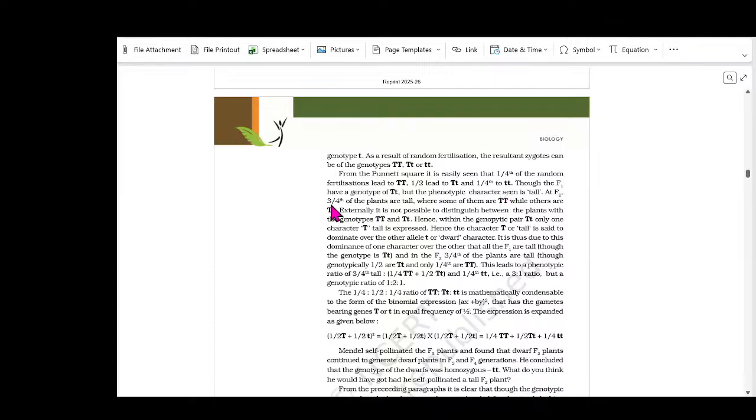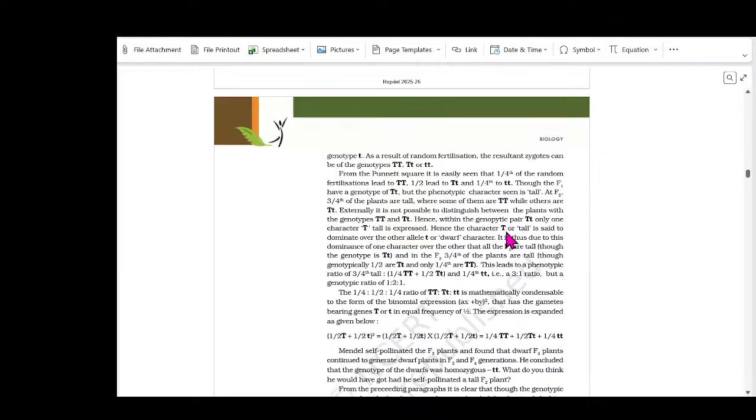At F2, 3 by 4th of the plants are tall, where some of them are capital T capital T, while others are capital T small t. Externally, it is not possible to distinguish between the plants of genotypes capital T capital T and capital T small t. Hence, within the genotype pair capital T small t, only one character, capital T tall, is expressed.